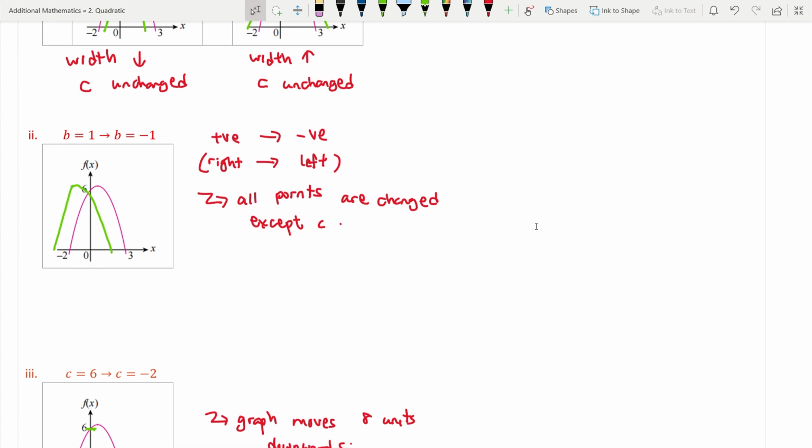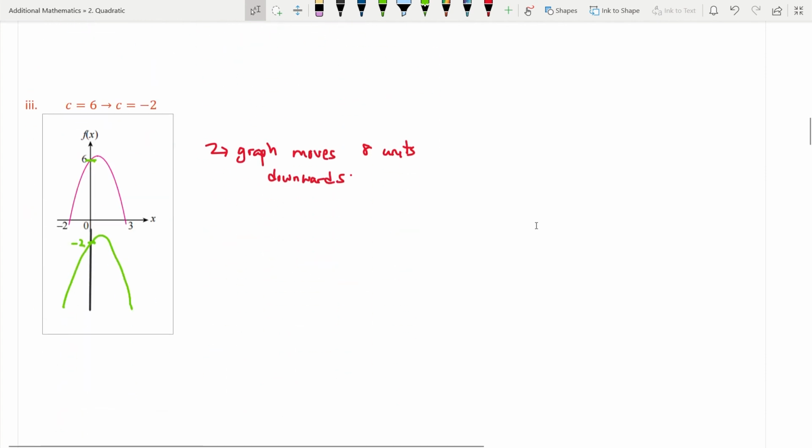When the value of b changes, the shape of the graph does not change. However, all points are changed except for the y-intercept. When the value of c changes, the shape of the graph does not change, but it will move vertically upward or downwards.